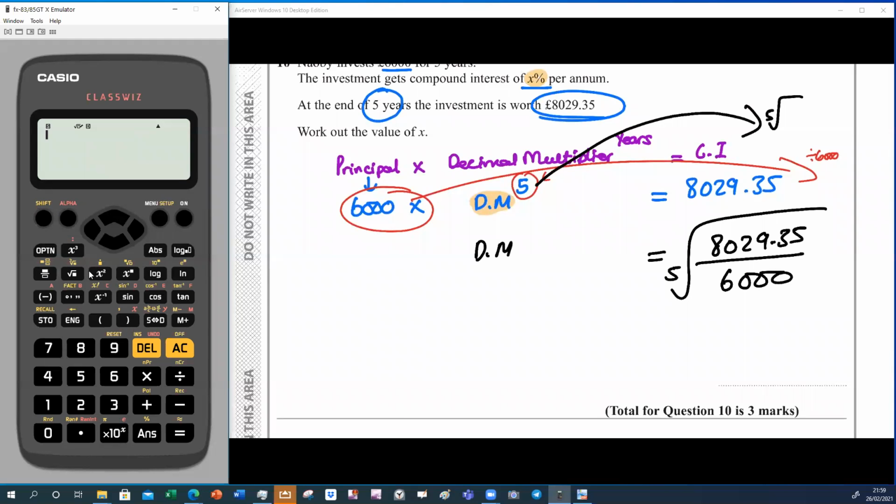So we press shift, this button here. Then we press 5 on the outside, and then we press replay to get it to the inside. That looks better. Sorry about that. I was a bit too excited. No, got the wrong number. 8029.35, and then we divide it by 6,000. I pressed equals too quickly.